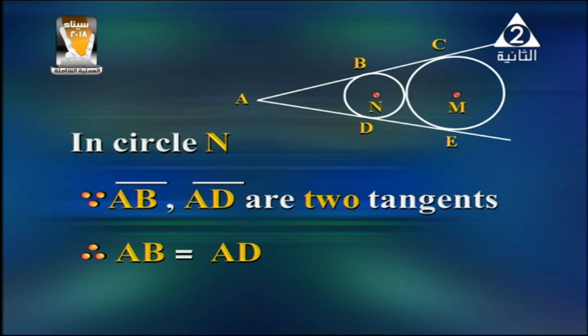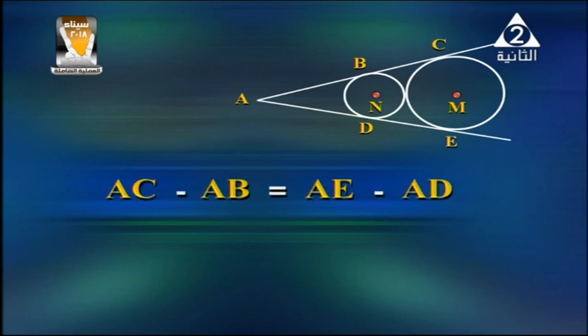AB equals AD, AC equals AE, so by subtracting, AC minus AB is going to be equal to AE minus AD. The rest of AC minus AB will be BC, and the rest of AE minus AD will be DE. So we can say that the length of BC equals the length of DE.